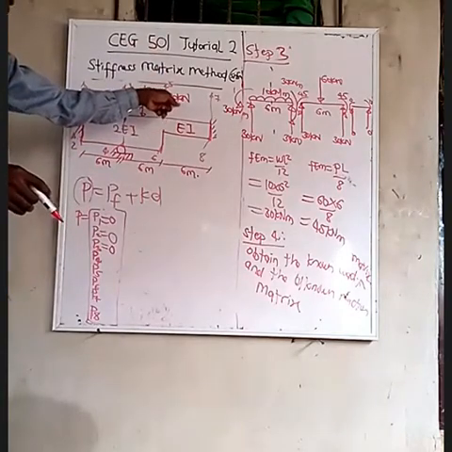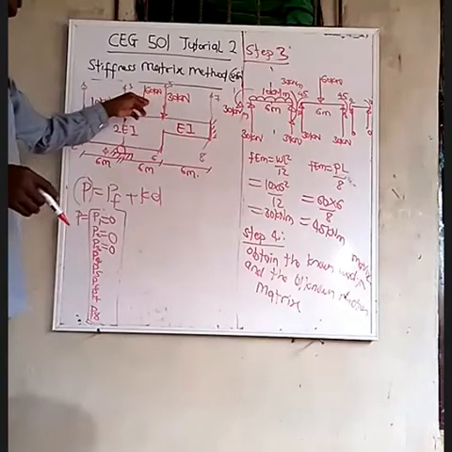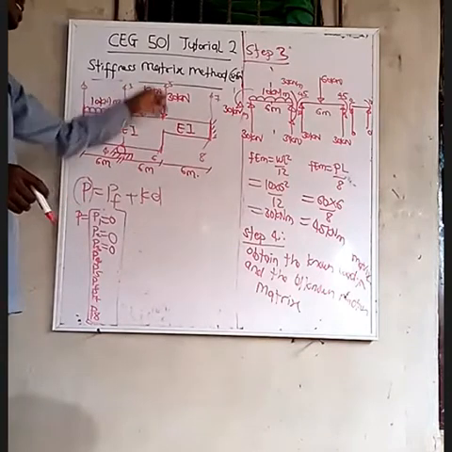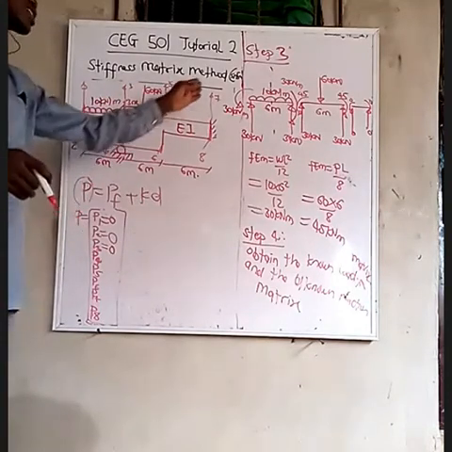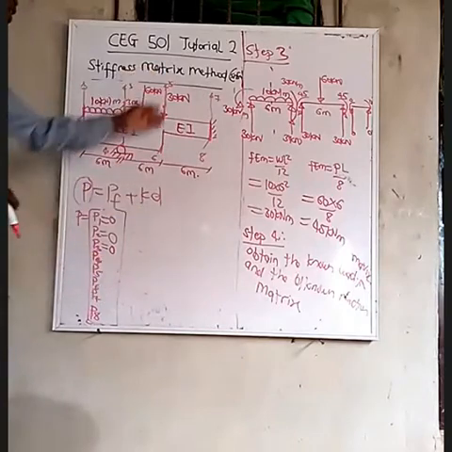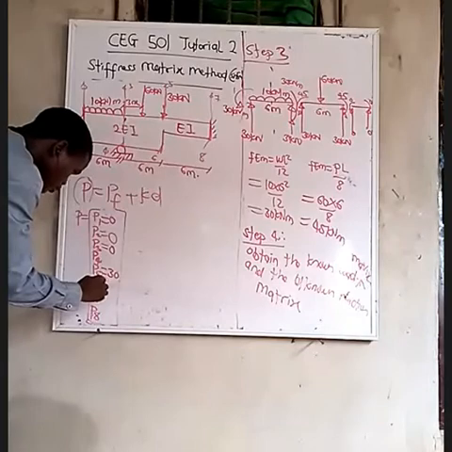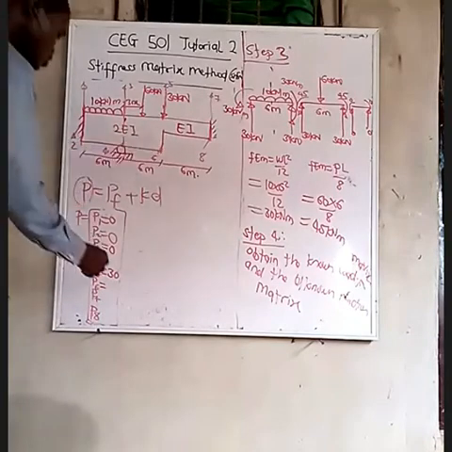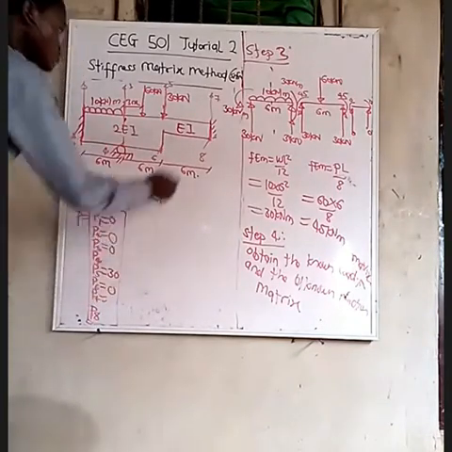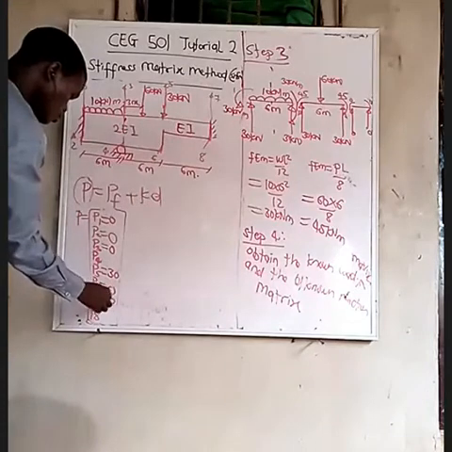Now P5, there is a load acting at this point, which is 30 kilonewton. Don't forget, I didn't touch this one because it's not acting at those degrees of freedom. So P5 will be equal to 30. P6, 0.